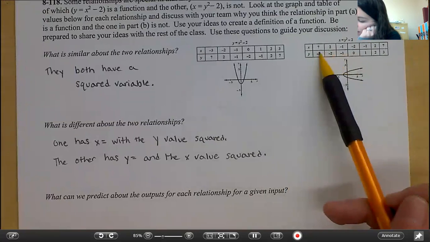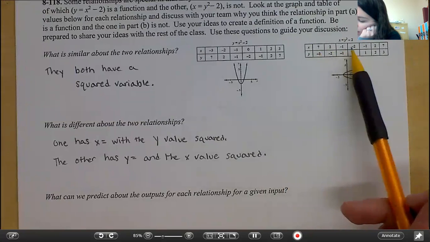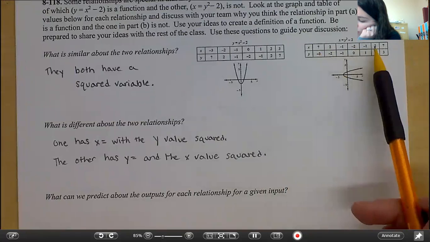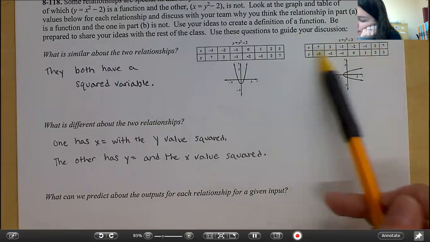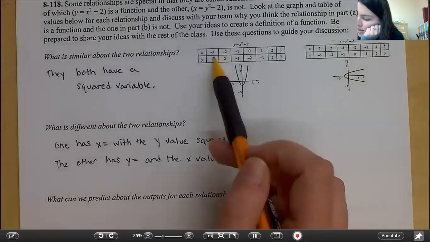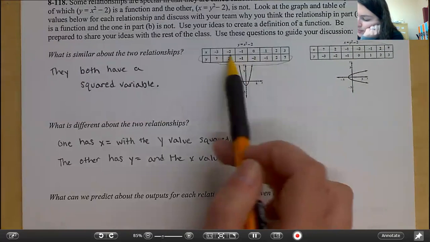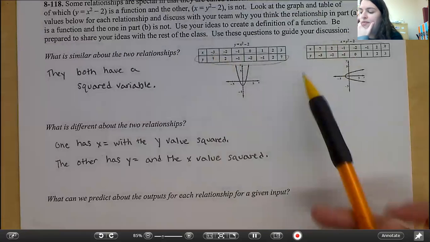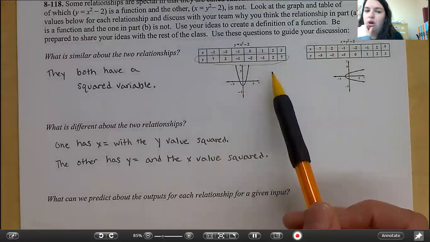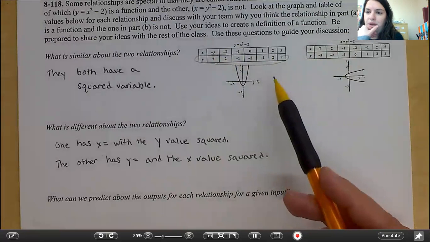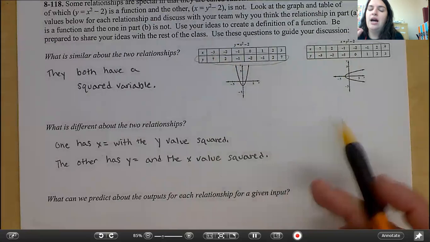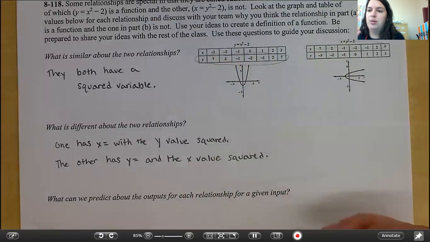Here we have 7, 2, -1, -2, -1, 2, 7. So we have some repeat x's. So here's repeat x's, here's repeat y's. So when you have a function, you should only have your y values repeating. You should never have x values being the same.